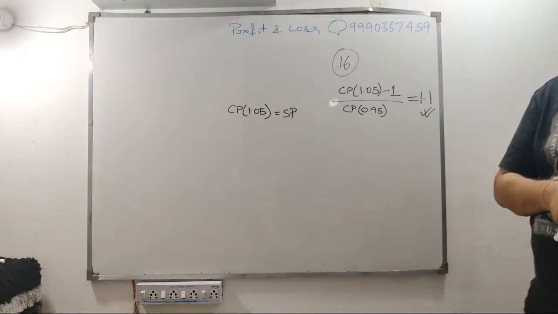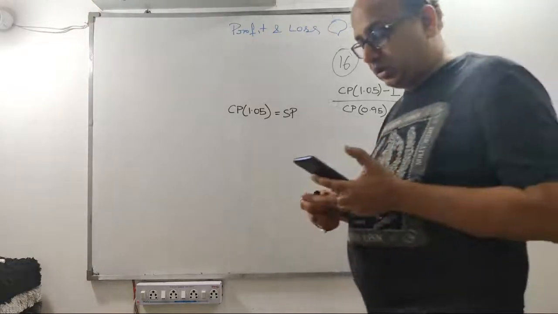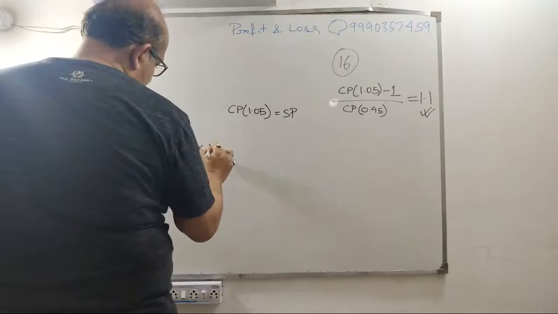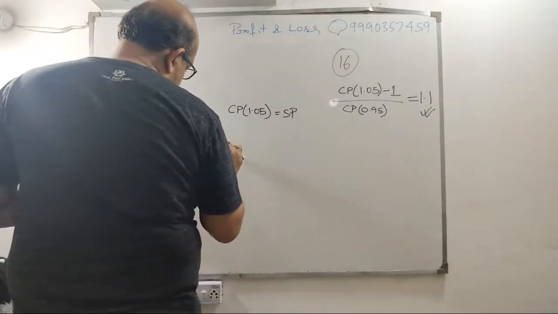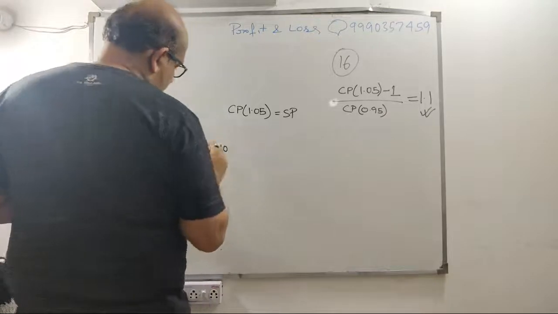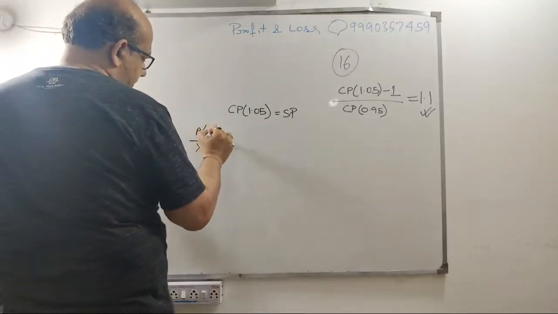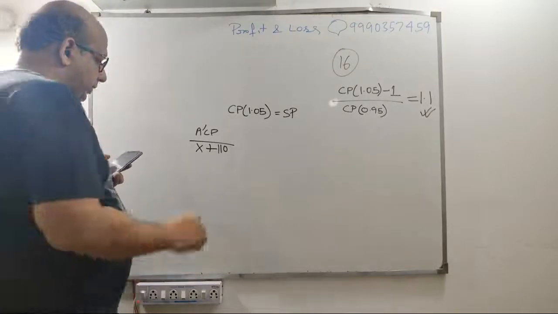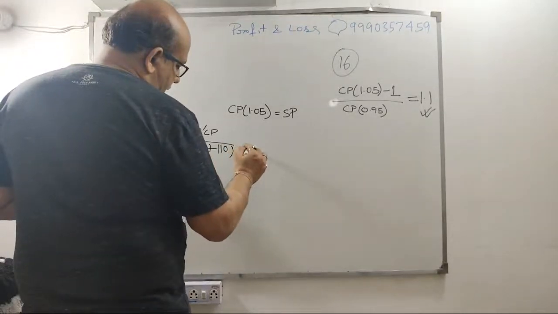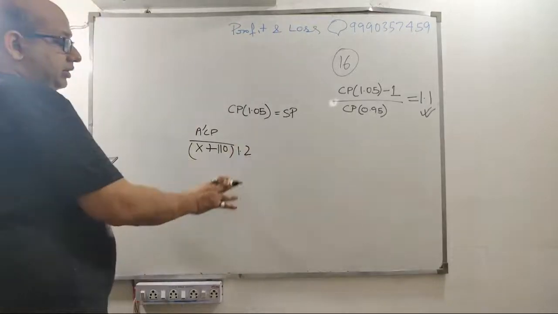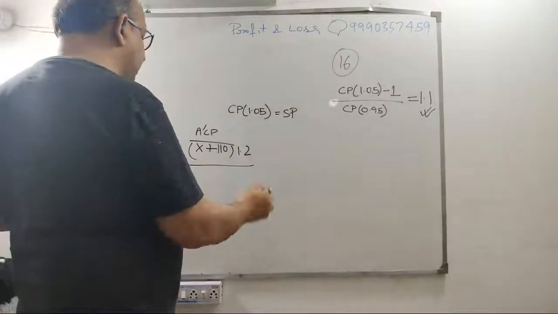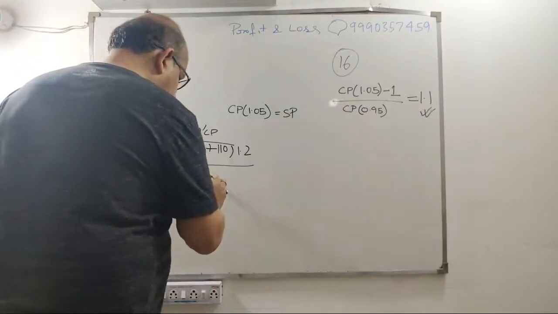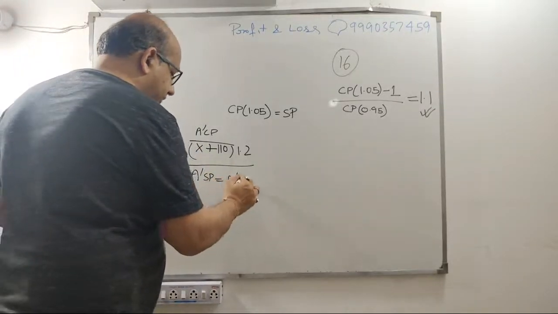13 और कर लिया, खत्म करते हैं. A bought a radio station and spent 110 on its repair, तो उसने खरीदा था X पे, 110 रिपेयर पे खर्च कर दिया, तो ये हो गया A का costing, तो this is A's CP. Then sold it to B at 20% profit, 1.2, तो ये हो गया A's SP, which is equal to B's CP also.